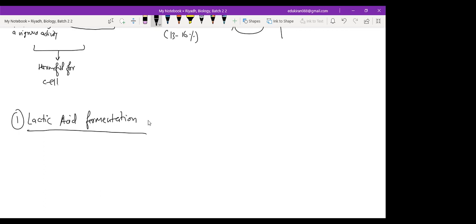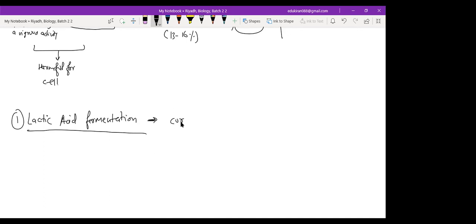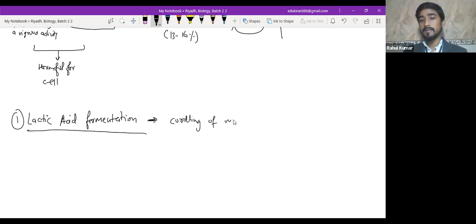Yes, sir. Lactose. Yes. So lactose is a sugar which gets converted into lactic acid by lactobacillus bacteria, right? That's called curdling of milk. So in curdling of milk, we actually are doing lactic acid fermentation.